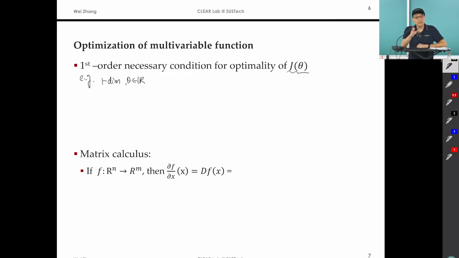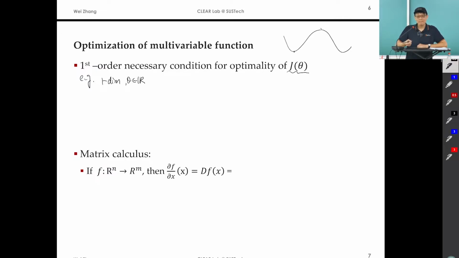Yuntian said we should take the derivative and set it to 0. That gives a stationary point or critical point, which can be a candidate for optimizers. Functions like this, these points are possibly maximum or minimum, right?